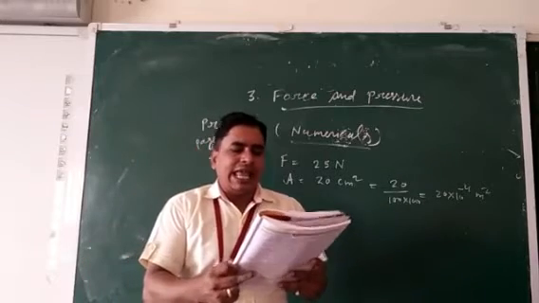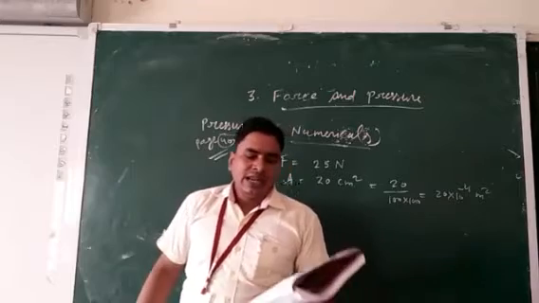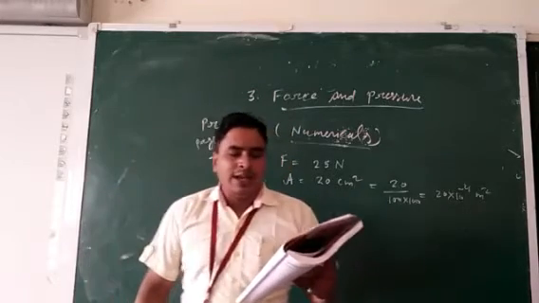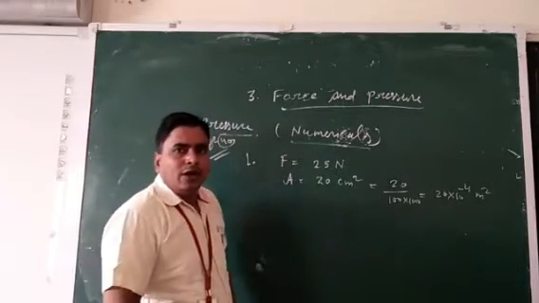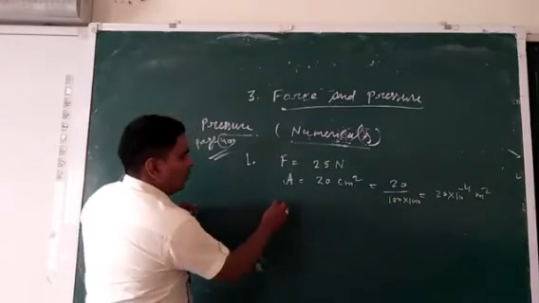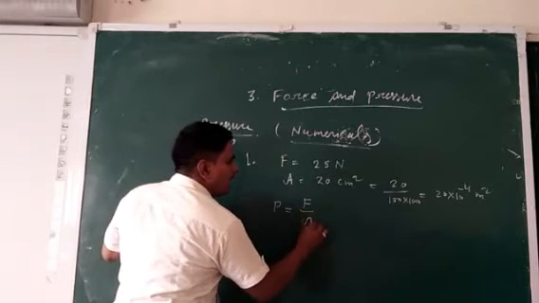Now, calculate the pressure exerted by the body in Pascal. How much pressure is exerted by the body on a surface? So we know the formula for pressure: pressure is equal to force upon area.